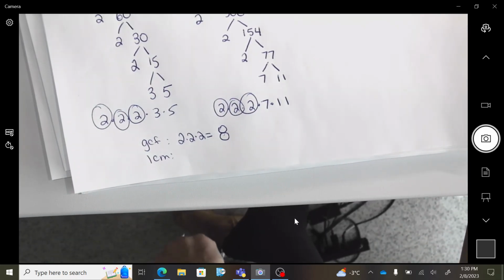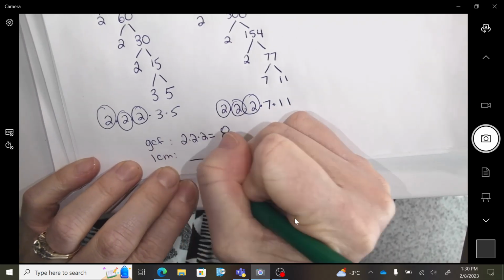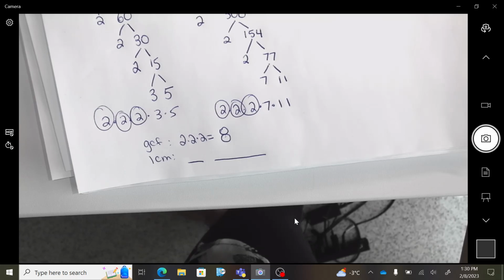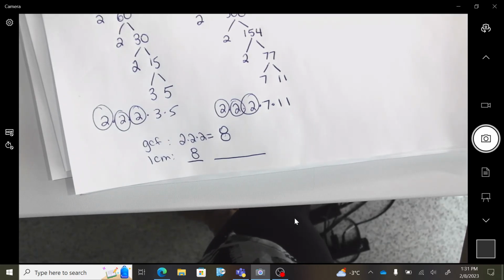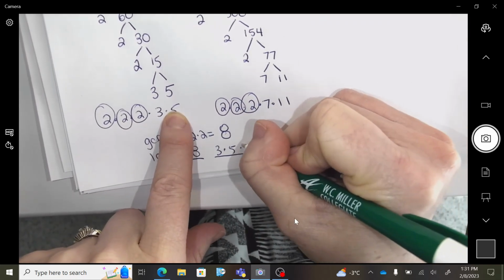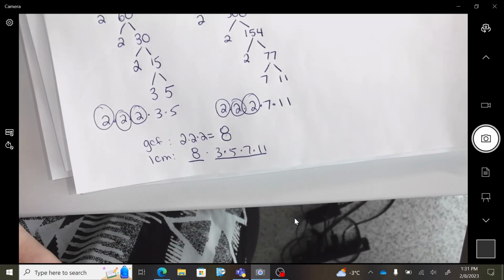They're both divisible by 8. Okay, so now I say, well, all those factors in common was 8 times all the leftovers that I have not circled. So I have a 3, a 5, a 7, and 11. So this is going to be a pretty large number.